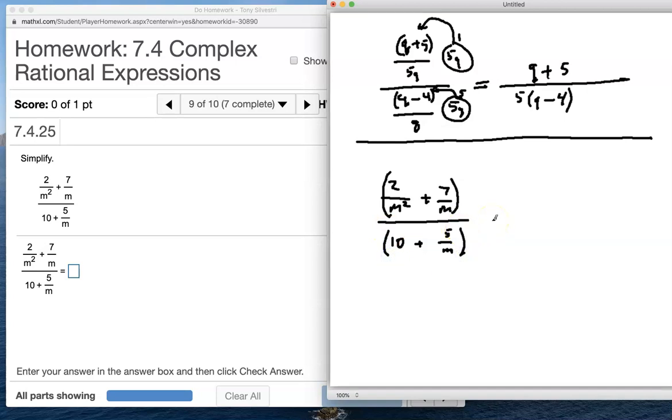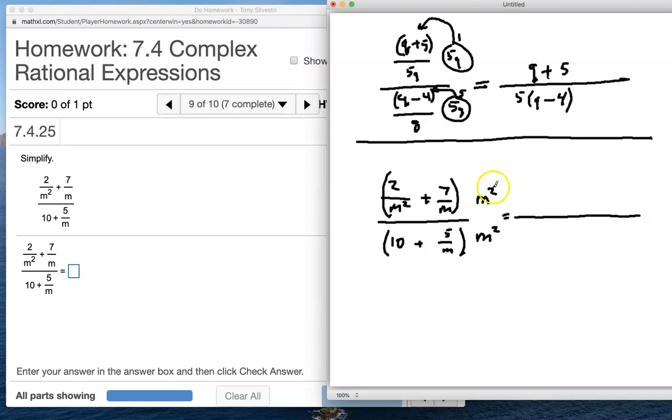And so I look at all the baby fractions: m squared, m, and m. What's the lowest common denominator of m squared, m, and m? It's got to have an m, and the highest power of m you see is a square. So I'm going to multiply top and bottom of the mother by m squared.